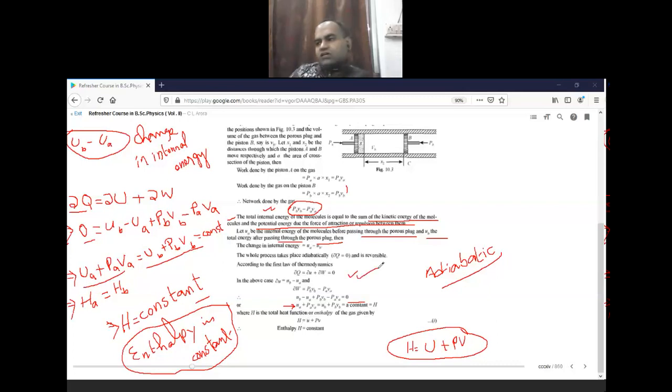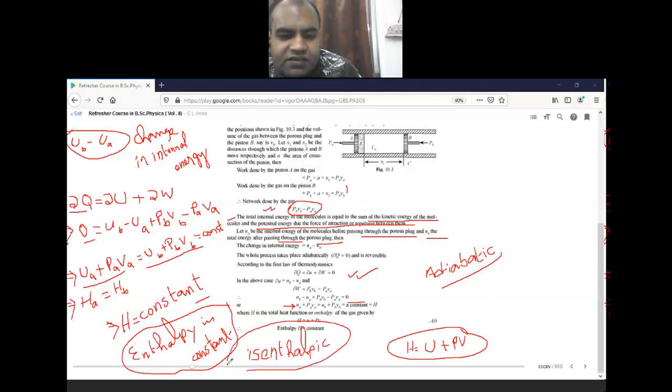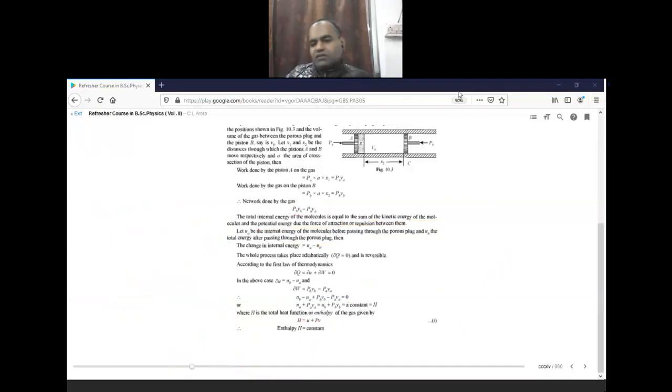Why? Because just now by mathematical derivation we have shown that the total enthalpy remains constant. Or constant enthalpy is also sometimes written as an isenthalpic process. Isenthalpic, I-S-E-N-T-H-A-L-P-I-C.